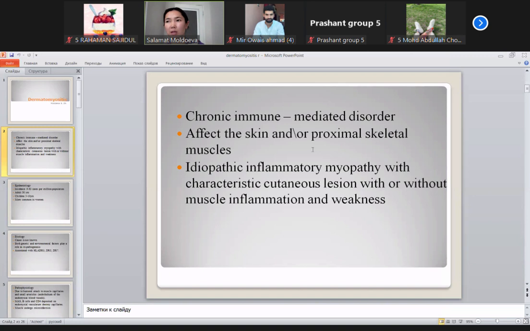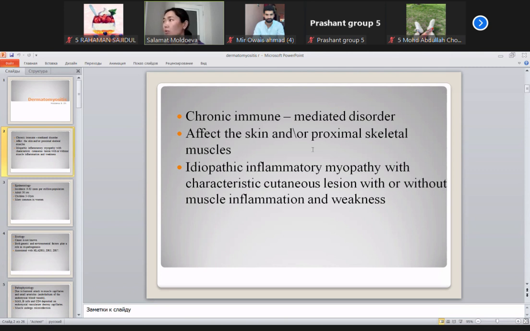No, we have three types. First, skin and muscles: it's called dermatomyositis. Second, when just muscles are affected, it's called polymyositis. And third, when just skin is affected without muscle involvement, it's atypical amyopathic dermatomyositis.